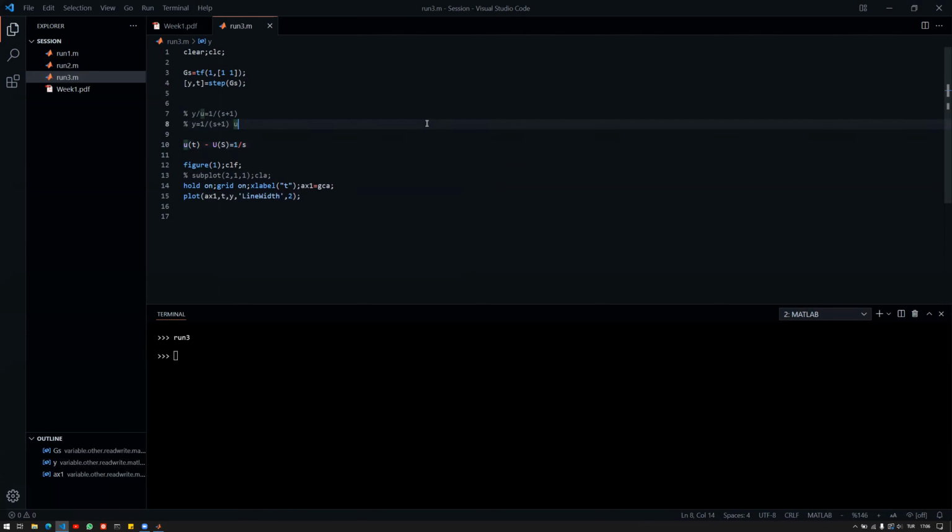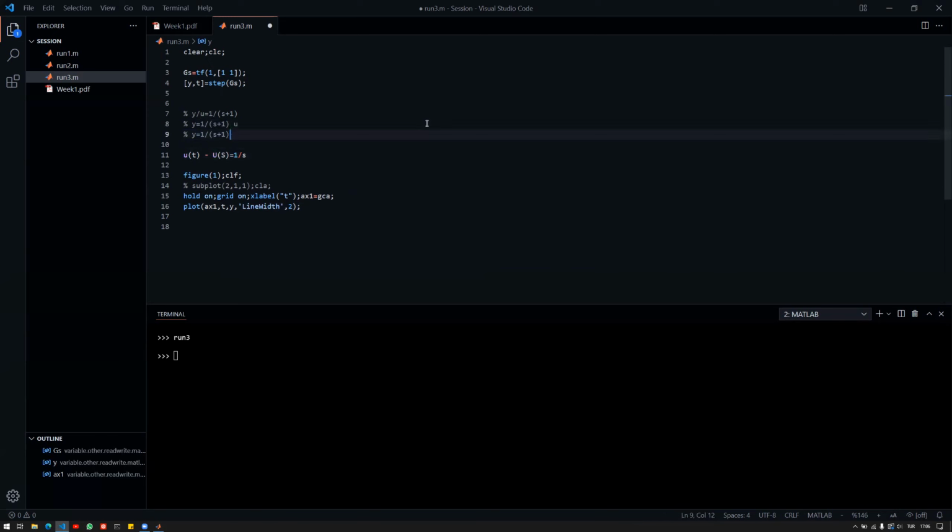So if I'm interested in the step response, I can plug in 1 divided by s, which would give me, for example, this. The only thing left would be to take the inverse Laplace, which gives me a time domain expression. I would plug in a time vector, and that would be my step response.